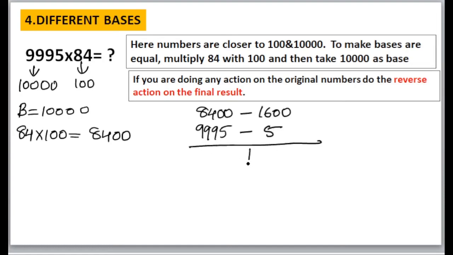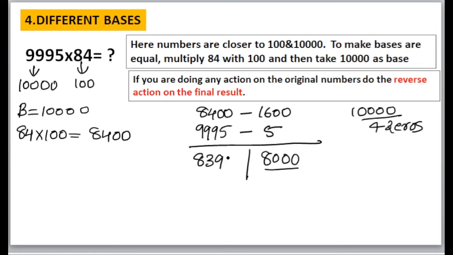So your RHS has positive term. 16 into 5 is equal to 80. So 8000 is your RHS. Your base has 4 zeros, so your RHS has 4 digits. So that's okay. Then 8400 minus 5 is equal to 8,395.